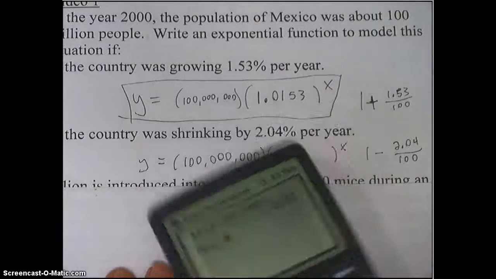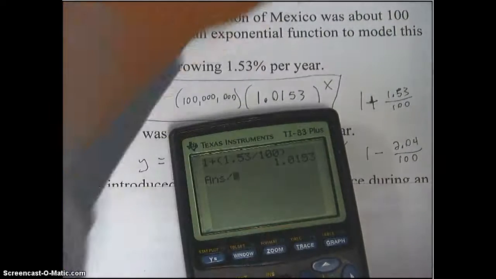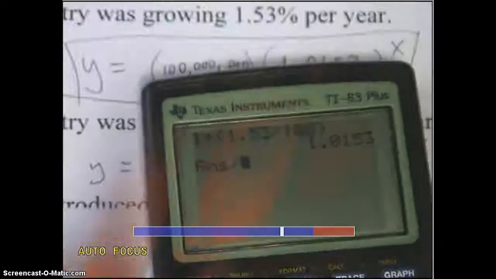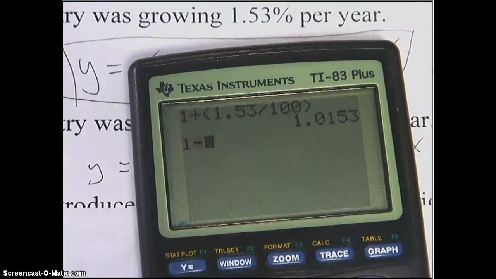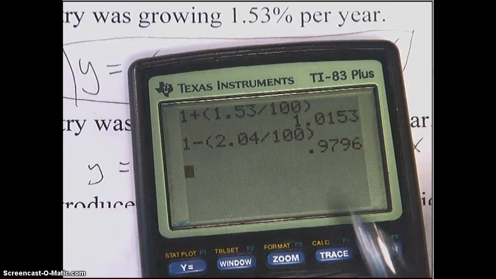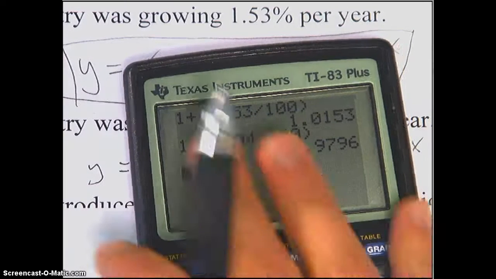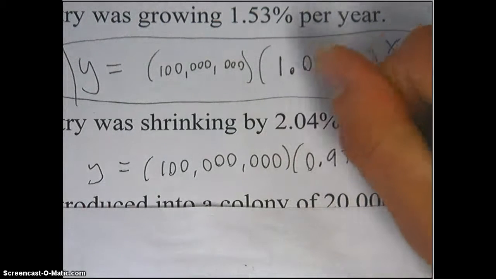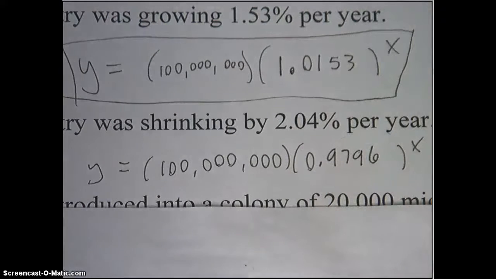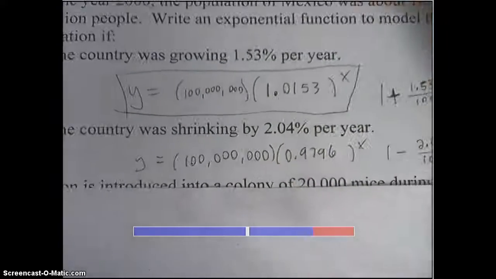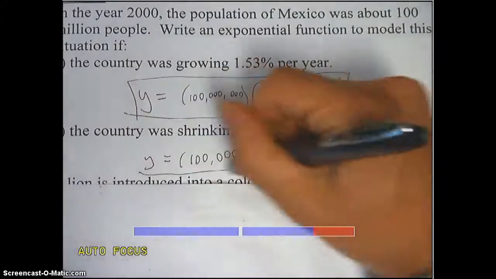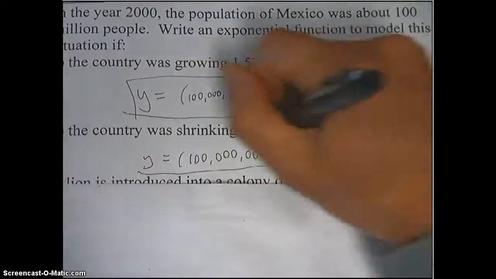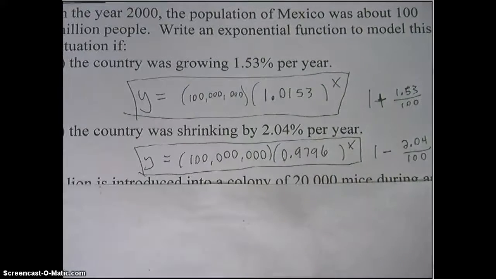So that's calculator work as well. Decay is minus, growth is plus. So 1 minus 2.04 divided by 100. That's my decay factor, 0.9796. And that is the equation that models that country's declining population.